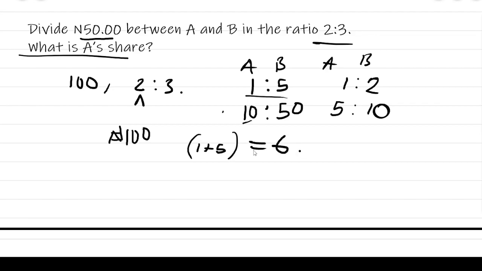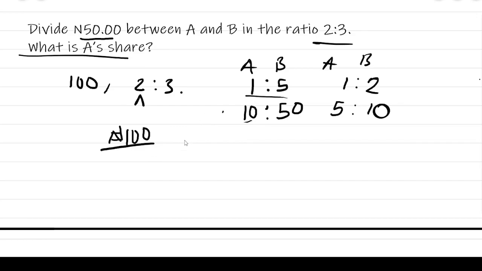Actually, let's not add for now. Let's say, for example, I give you 100 naira and ask you to share it between two persons in the ratio 1 is to 5.